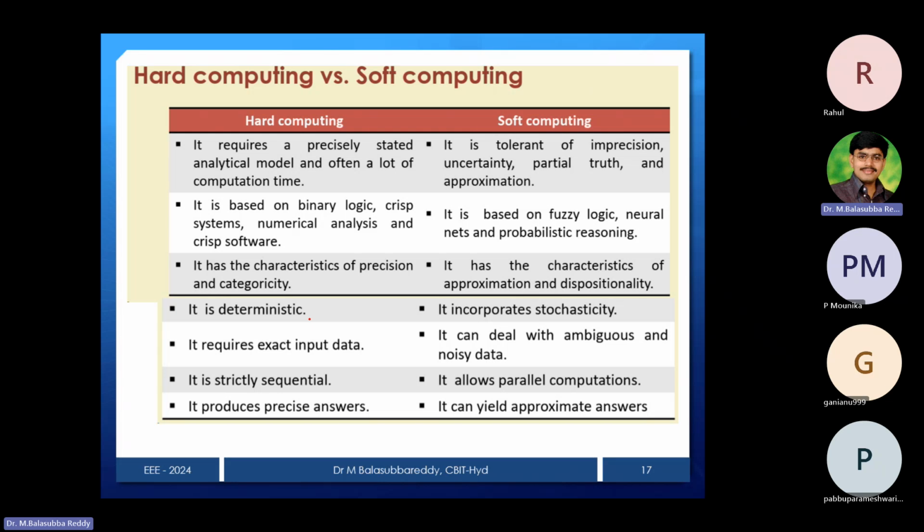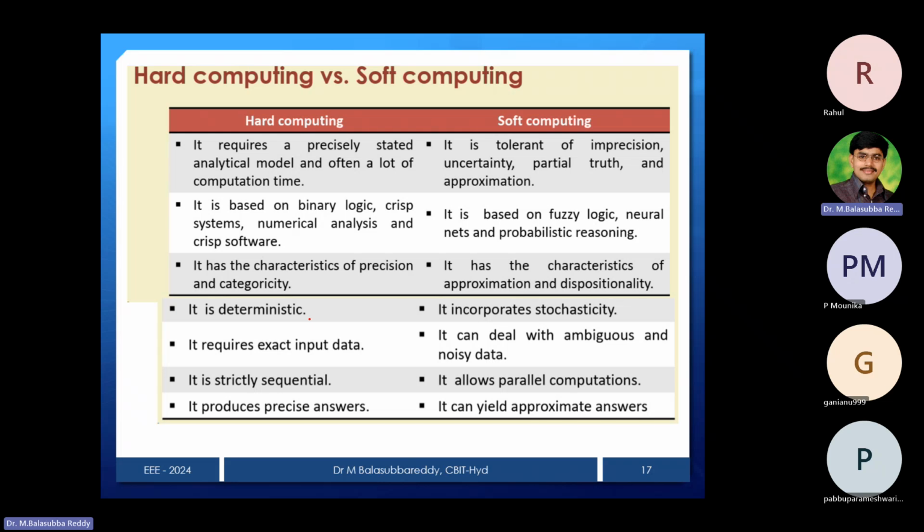Now you can see some more points mentioned, just for comparison purposes. Hard computing is deterministic, whereas the soft case incorporates statistics. It requires exact input data. Soft computing can deal with ambiguous and noisy data also. What is noisy data? We discussed a lot: mixed data, redundant data, and less weightage data.